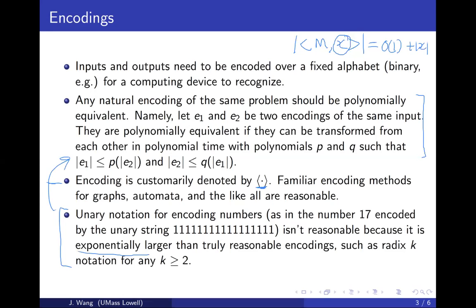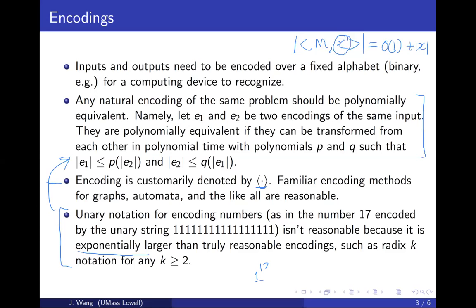For instance, let's say we take the number 17. The unary string is 1 to the 17, so the size of it is 17. Now remember, to represent 17 you only need 5 digits instead of 17.